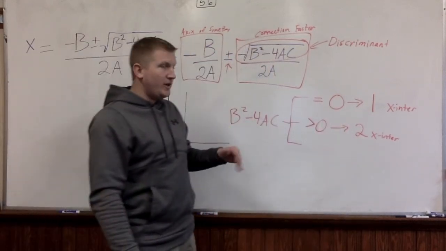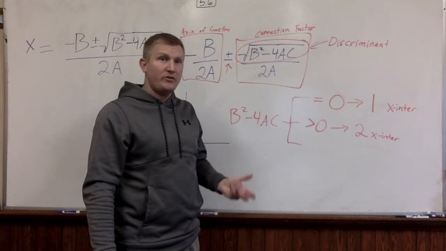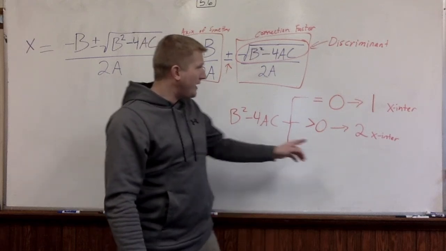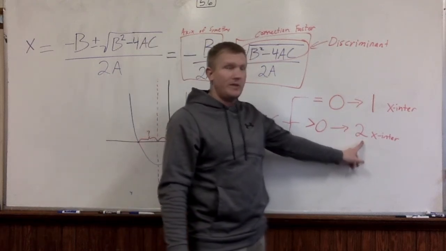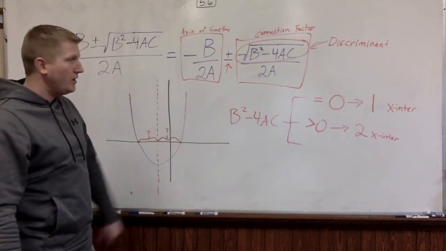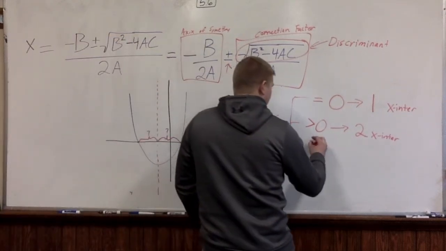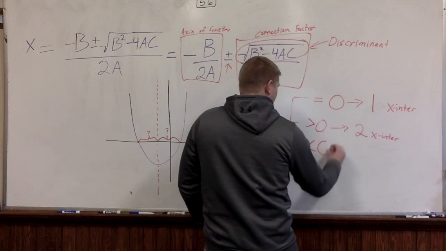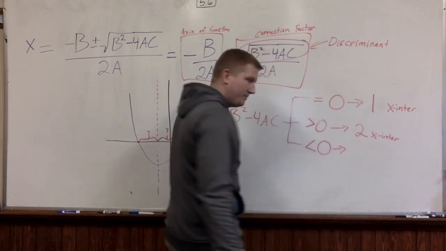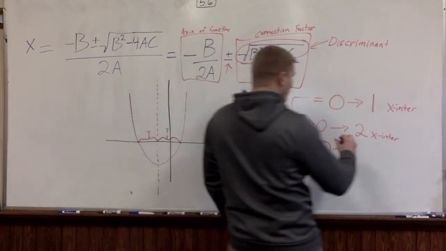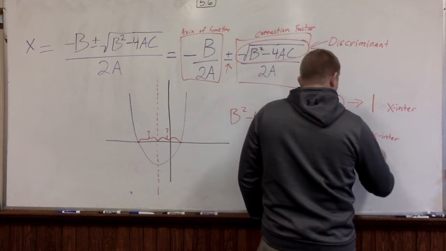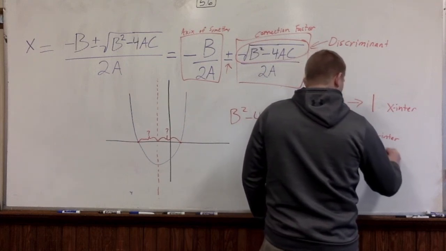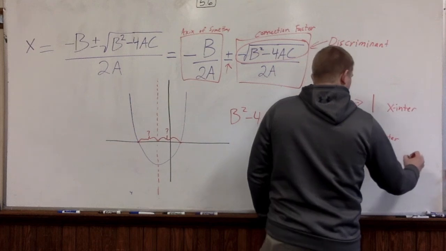If everything under the radical is greater than 0, that is, it is a positive number, then that means we're going to end up with 2 x-intercepts, something like this. But if everything underneath the radical becomes less than 0, that is, it's a negative number, we're going to end up with 2 imaginary roots.